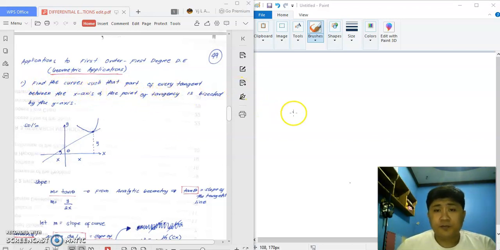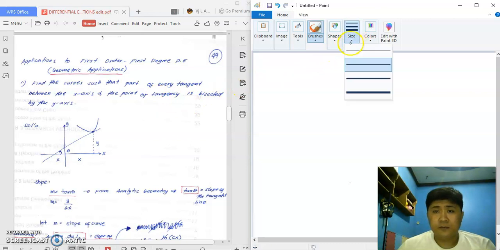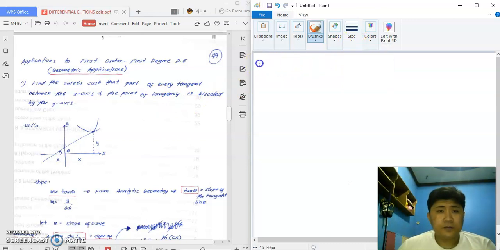So let's recall. When we talk about geometry, we tackle the topic of slope. I'm sure you've discussed slope. And we know that slope is rise over run, right?